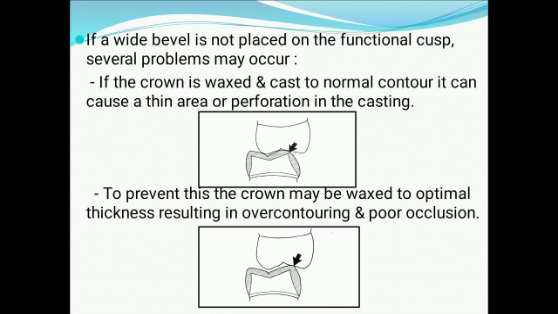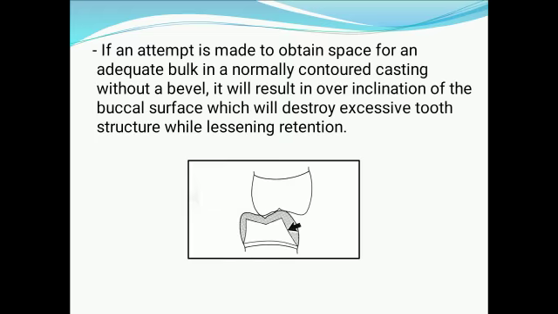It is prepared on the palatal cusp of maxillary and buccal cusp of mandibular posterior teeth. Additional thickness in this region is necessary because the functional cusp is the one which bears the maximum load of mastication.